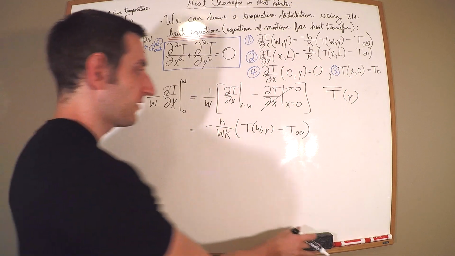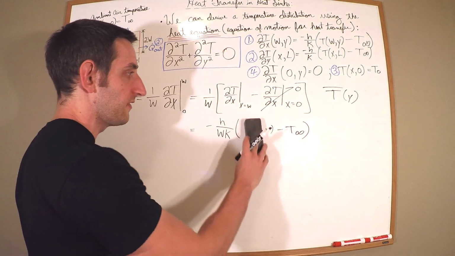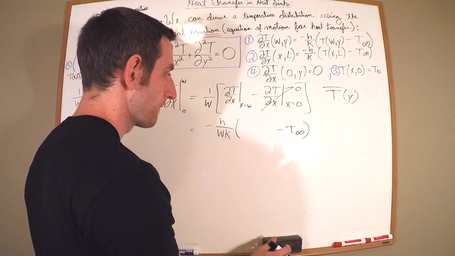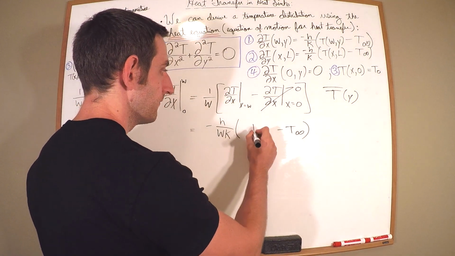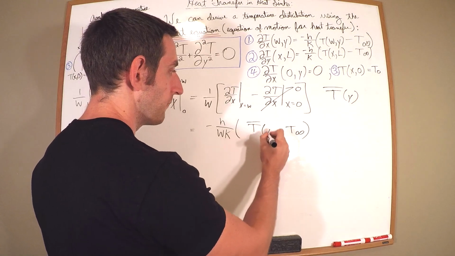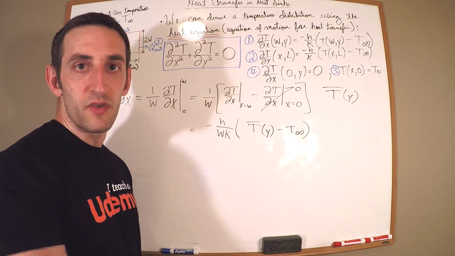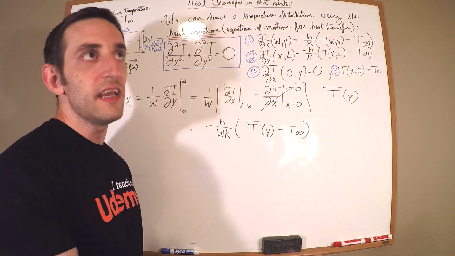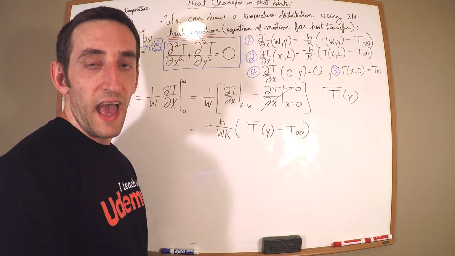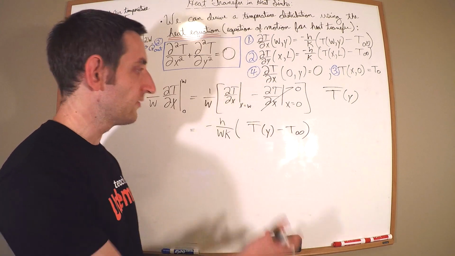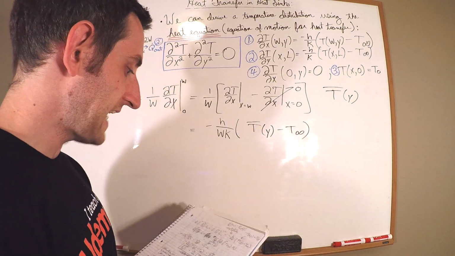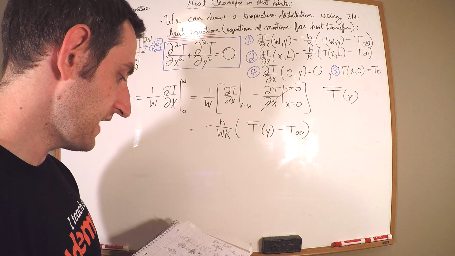So we could say this is, in essence, the average value at y, because there's no difference. T at x equals w is equal to T at x equals 0, right? There's no difference. So we substitute that in, and we end up with the following.